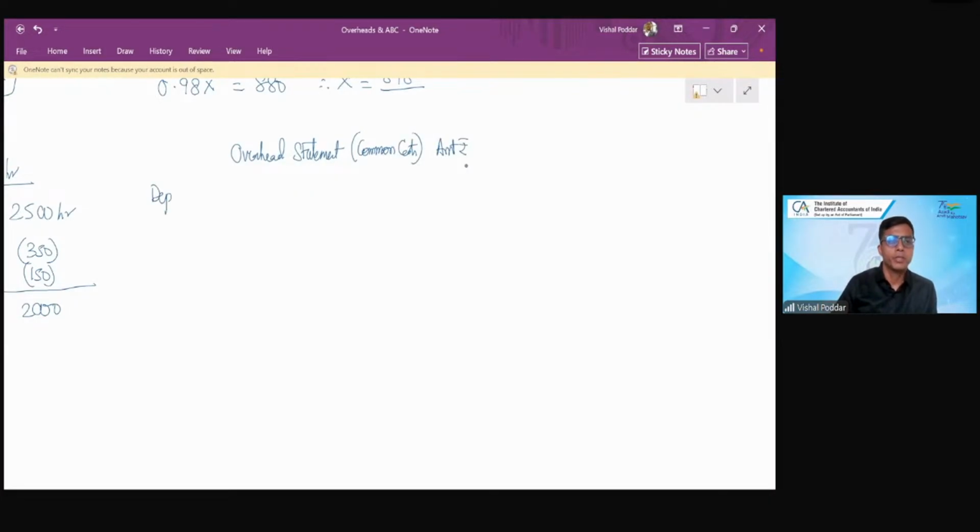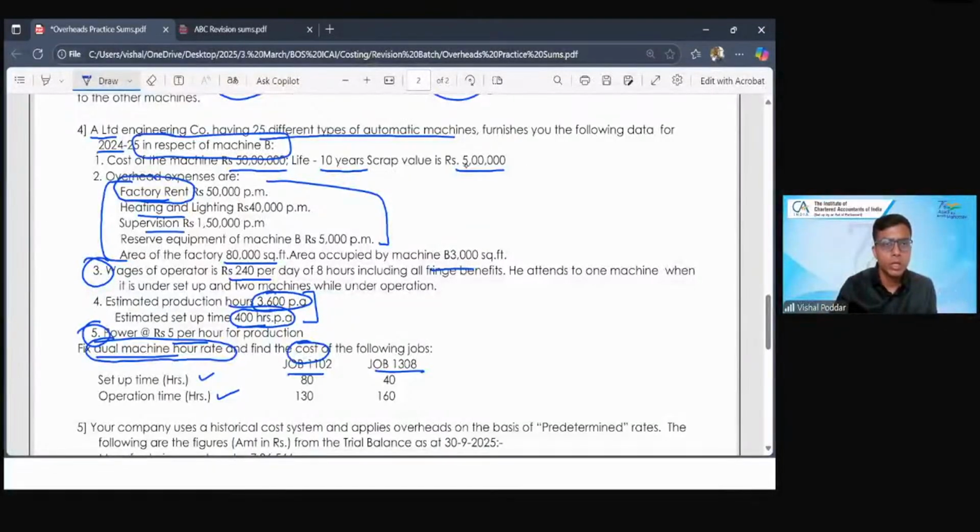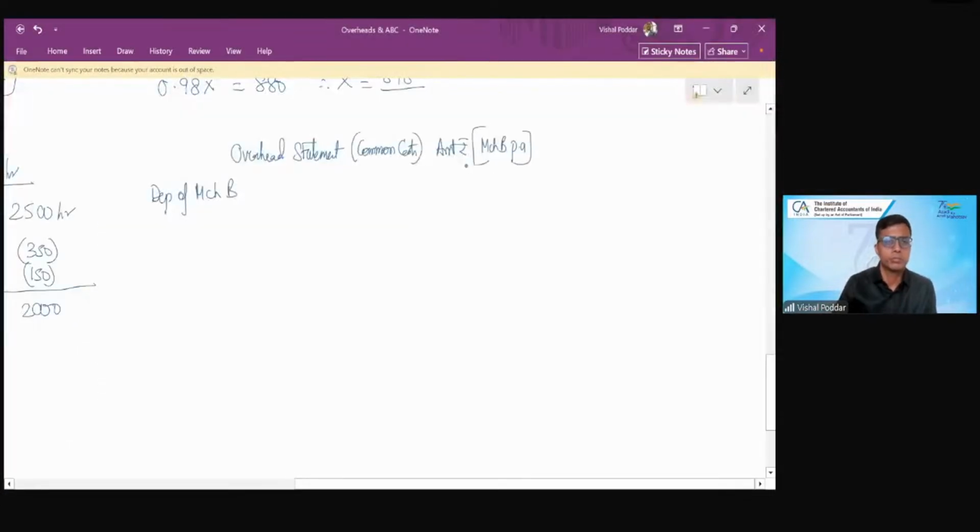So you have depreciation of machine. Okay, we are doing this for machine B per annum. Then you have factory rent, heating, lighting, supervision, reserve equipment.